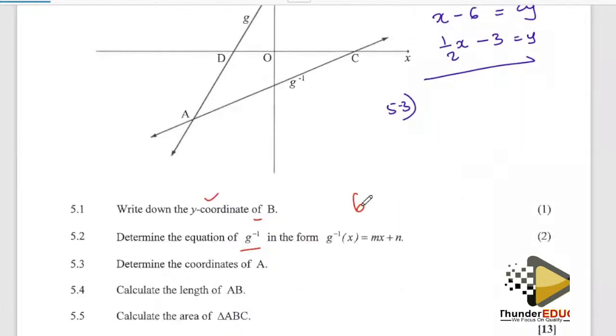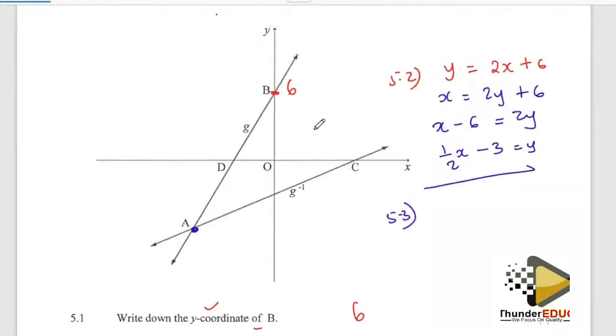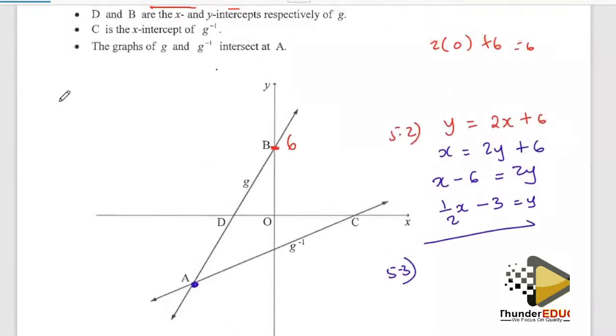5.3, can we get the coordinates of A? So A is a point of intersection. At the point where graphs are intersecting, the two graphs must be equal. In other words, g of x should be equal to the inverse. So I'll take g of x, which is 2x plus 6, and equate it to the inverse, which is a half of x minus 3.